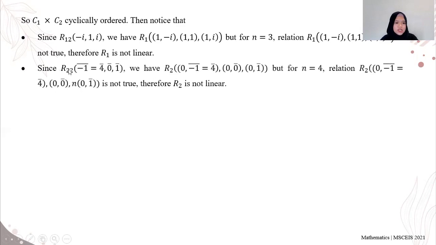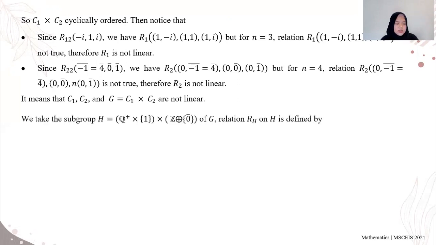Next, since R22(-1) equals (4, 0, 1), we have R2 like this. But for n equals 4, relation R2 is not true because it is not strict. Therefore, R2 is not linear. It means that C1, C2, and G are not linear.